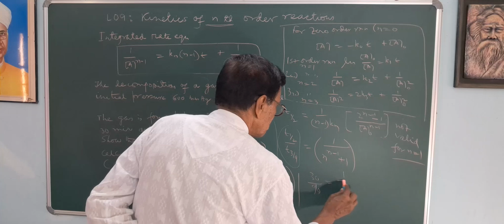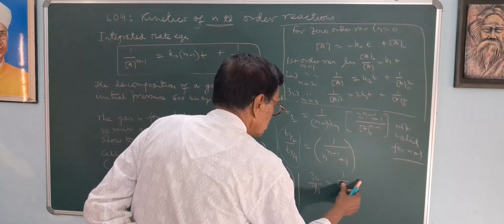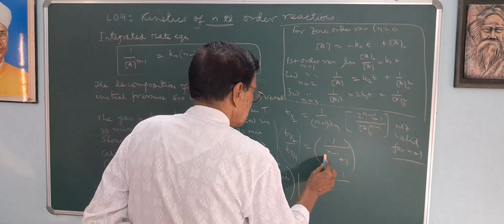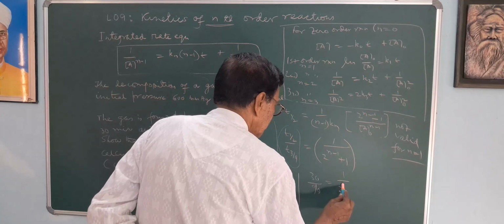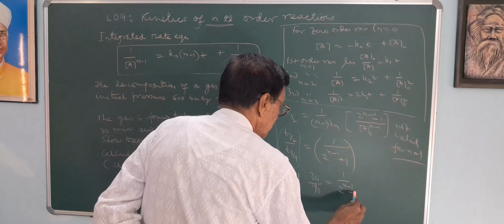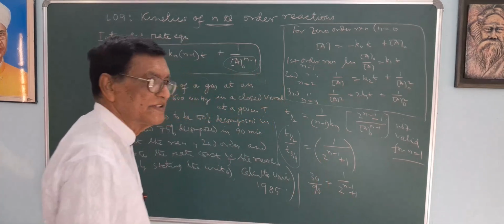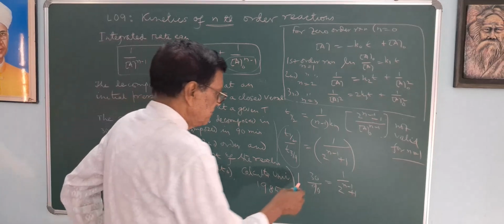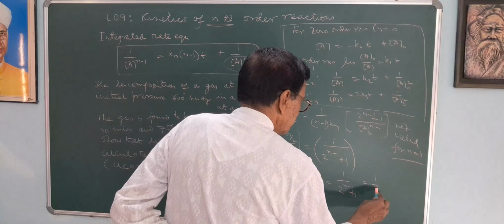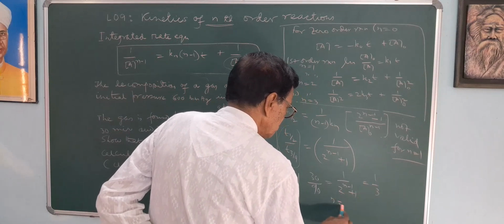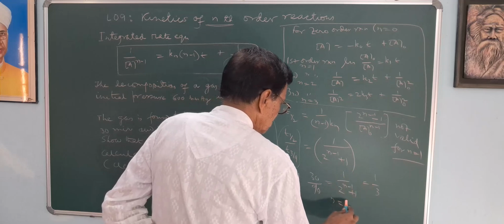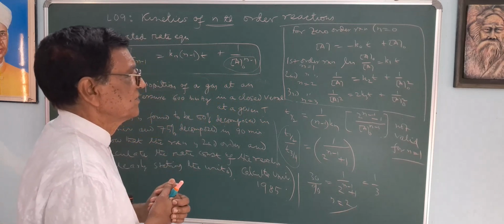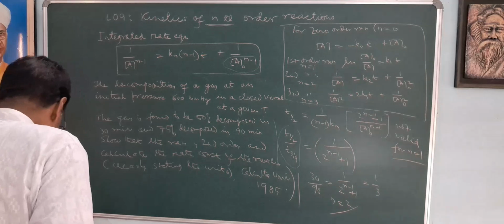And this ratio equals 1 by 2 to the power n minus 1 plus 1. If you solve, this is equal to 1/3. So n equals 2, so it is a second order reaction.